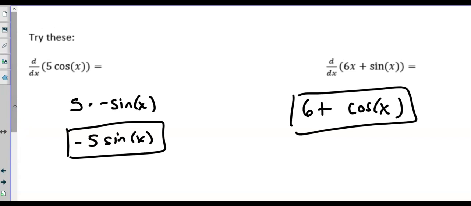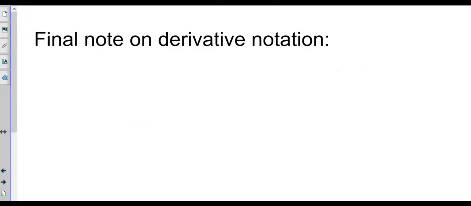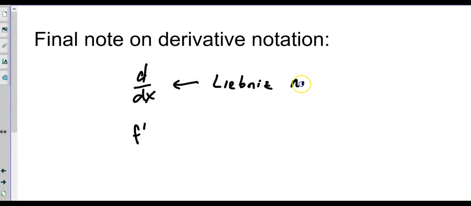Okay, guys, one last thing. Final note on derivative notation. You can express derivatives as d dx. You can say f prime. So this is called Leibniz notation. This is called prime notation.